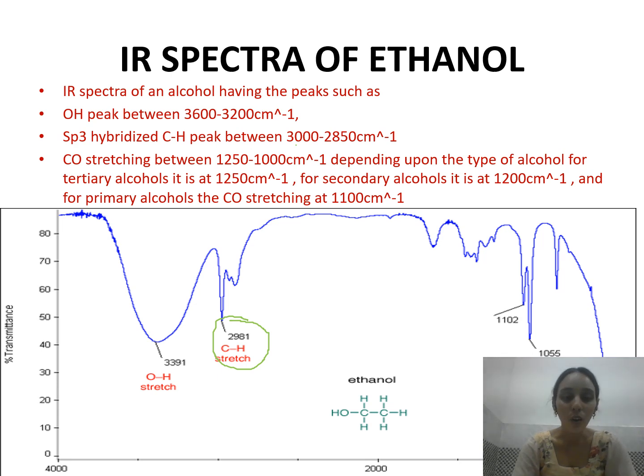And now we will find the C-O peak in the given spectrum. This is the peak for C-O in the given alcohol. So from the spectra, it is clear that it is the spectrum of ethanol.